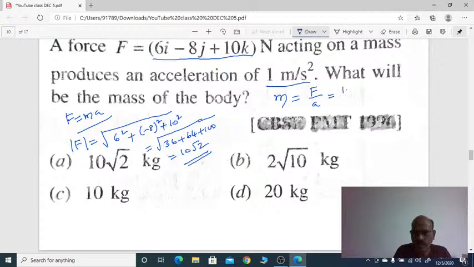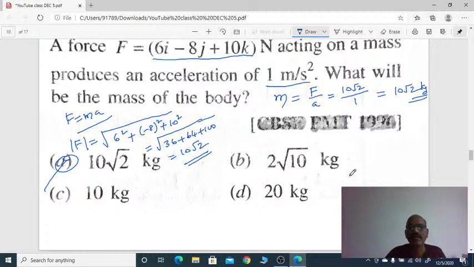So F will be 10 root 2, divided by a, which is given as 1. So the mass of the body is 10 root 2 kg, which is the first option. We'll go for the next one.